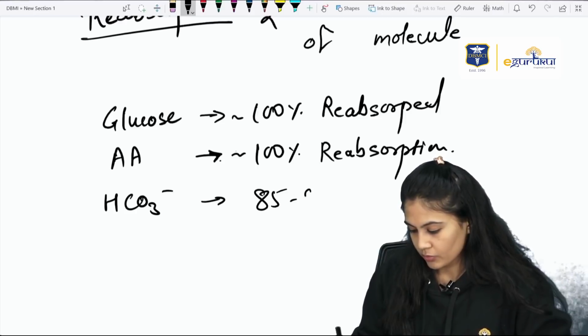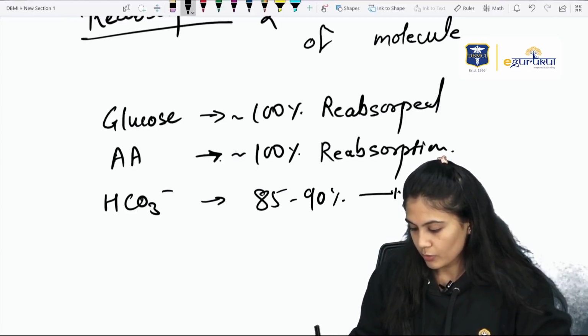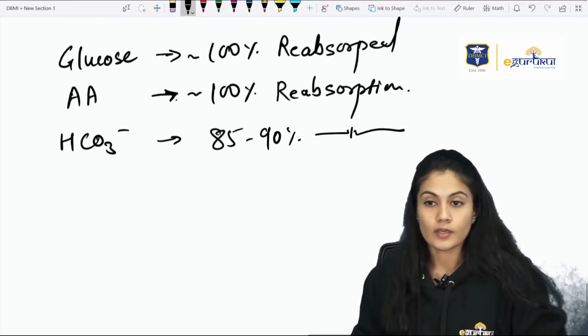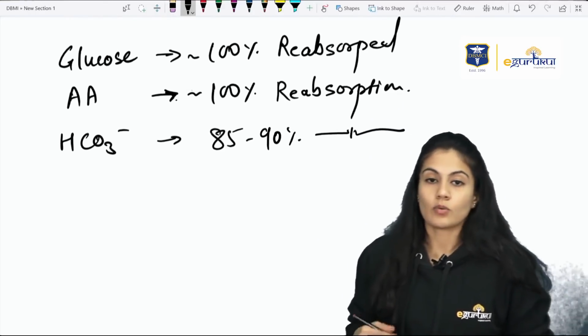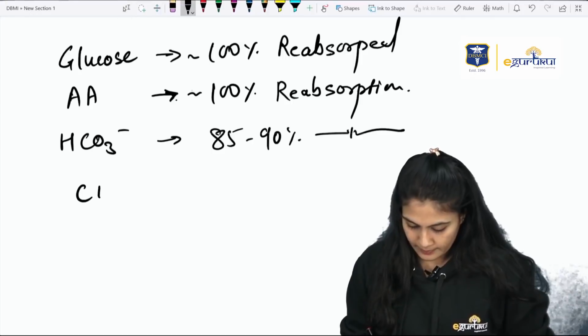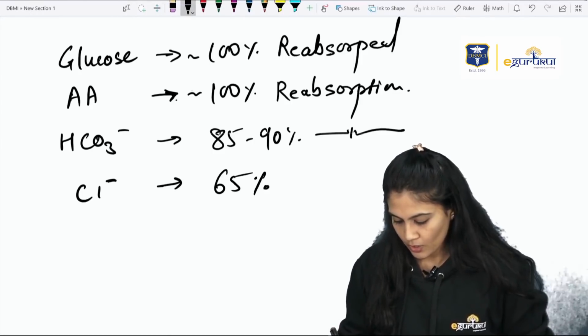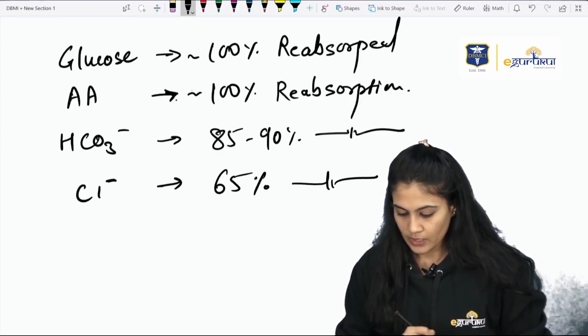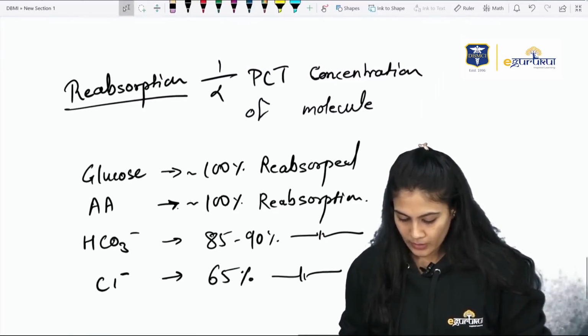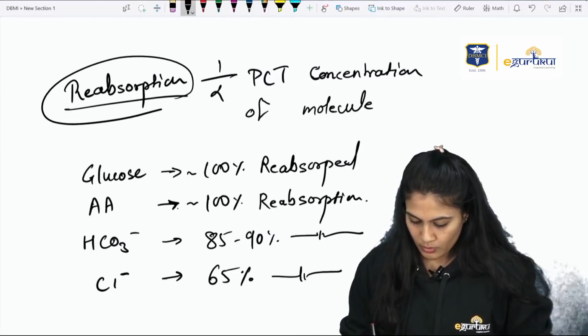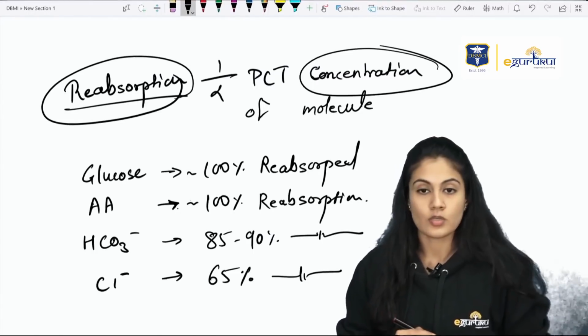The reabsorption is approximately 85 to 90%. Sodium and chloride approximately 60 to 65%. And what we said? The less the absorption, the more the concentration.